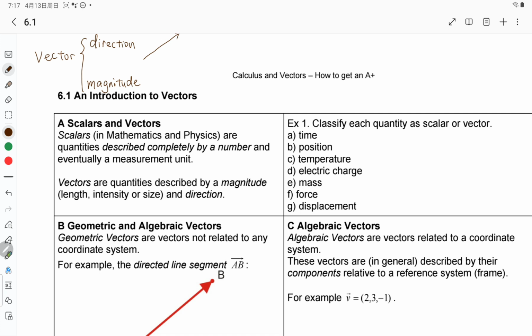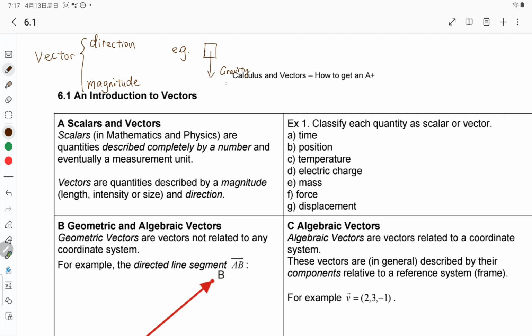So for example, let's say gravity. Okay, so gravity always points down, and in math you can represent it as a vector which has the direction going down, and also how much force you are applying to this object, or how much gravity, right?